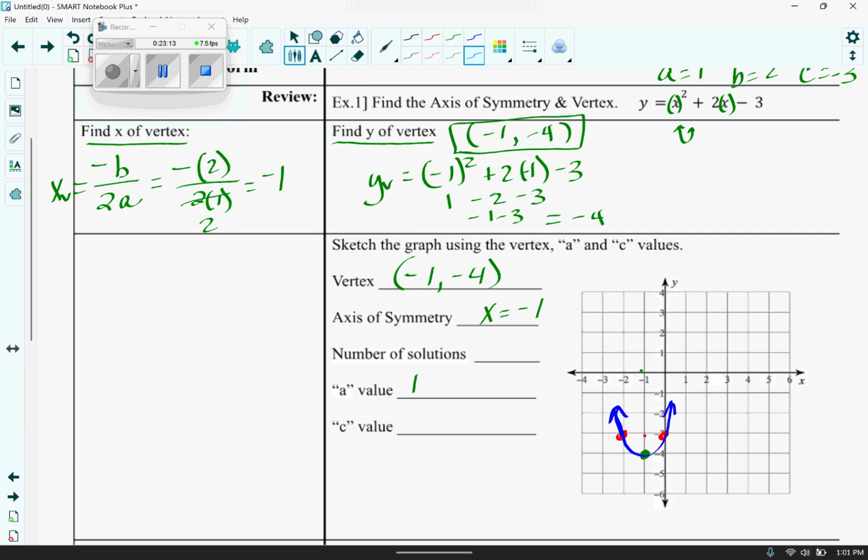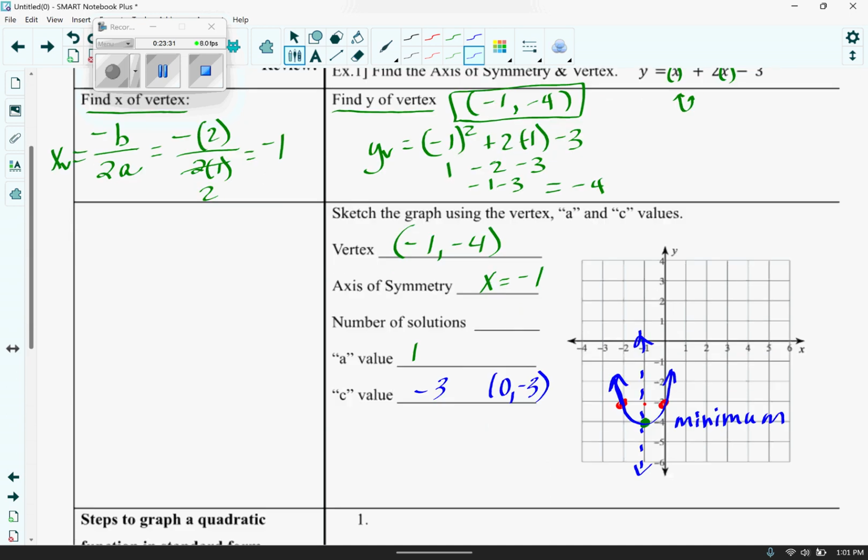And the c value, if we said, was negative 3, or 0, negative 3. This is a minimum. And my axis of symmetry would be right here at x equals negative 1. That is all I'm going to make you guys do for right now.